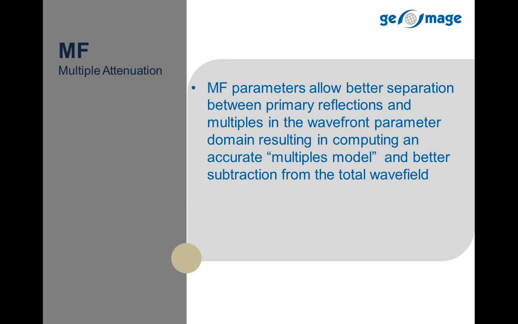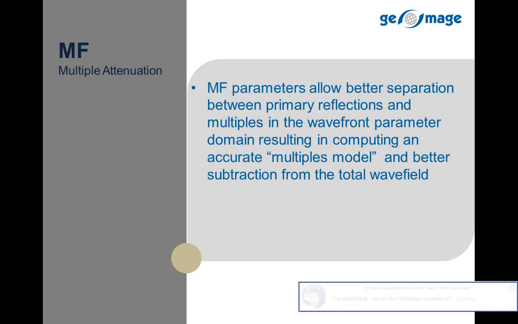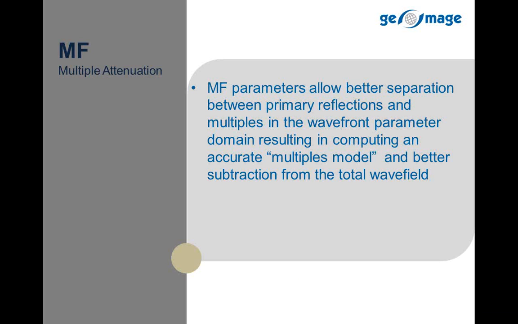So first we estimate the parameters, and we define which parameters are responsible for multiples and for primaries. Using parameters responsible for multiples, we compute the accurate multiples model, and then we subtract this multiple wave field from the total wave field using a least squares solution.